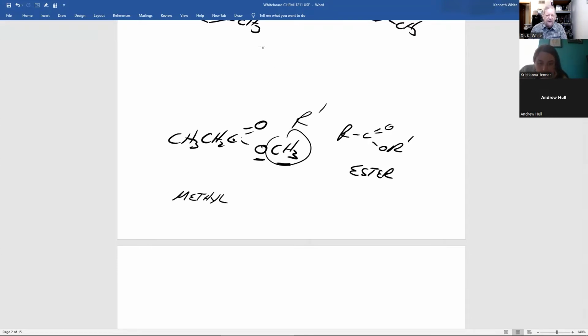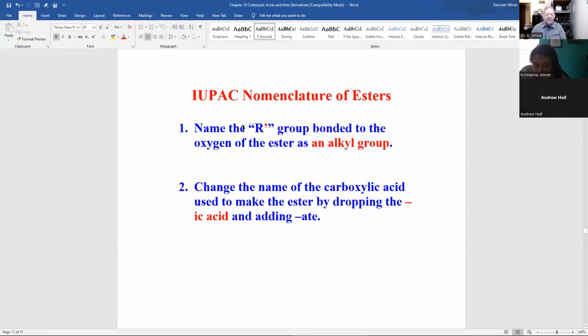Let's look at the IUPAC method first. Name the R prime bonded to the oxygen as an alkyl group in front. Now, if that R prime was hydrogen, name what you have left over as the carboxylic acid used to make that ester. And with that carboxylic acid, you drop the IC and the word acid and add ATE.